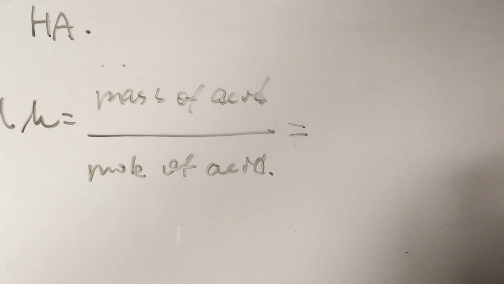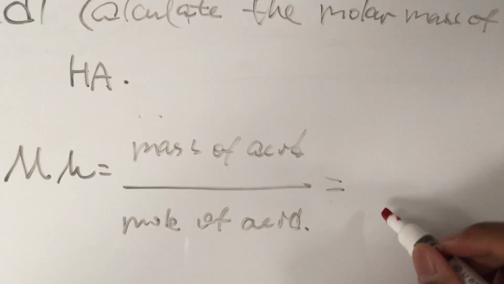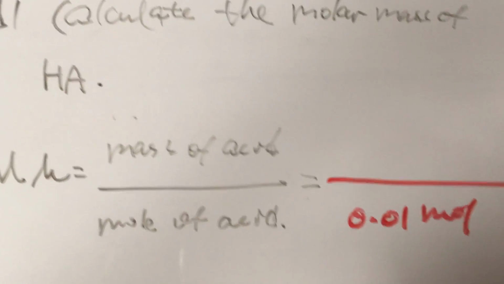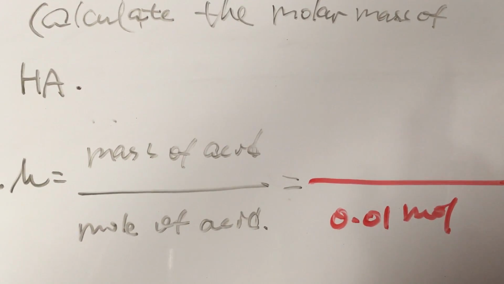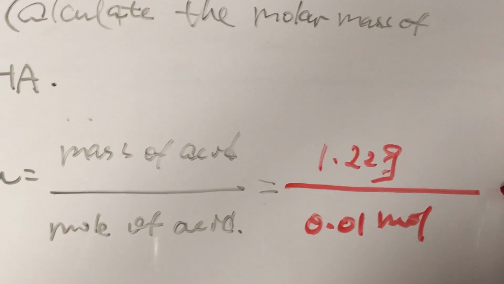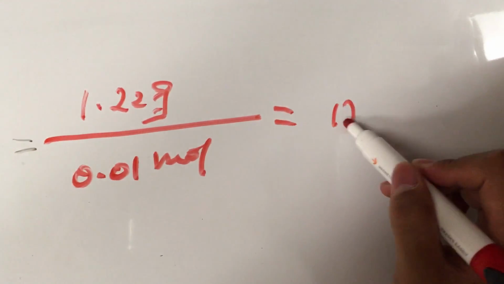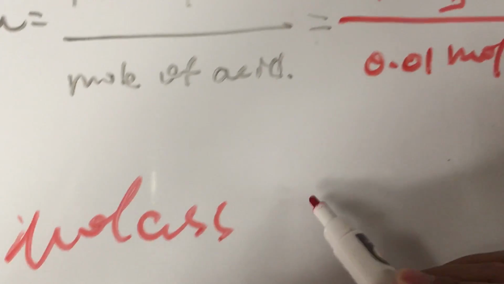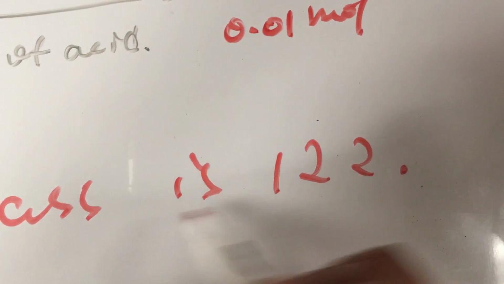As we just calculated, the moles of acid is 0.01 mole, and the mass of the acid they give us is 1.22 gram. So it should be 122 gram per mole. So the molar mass is 122.